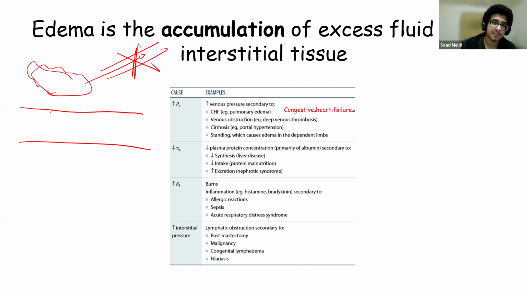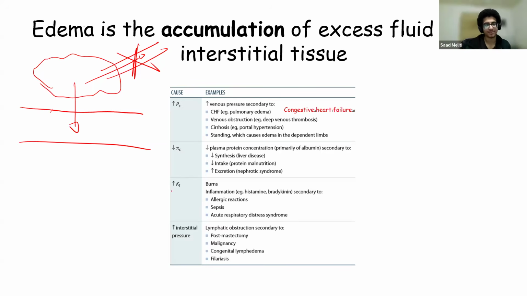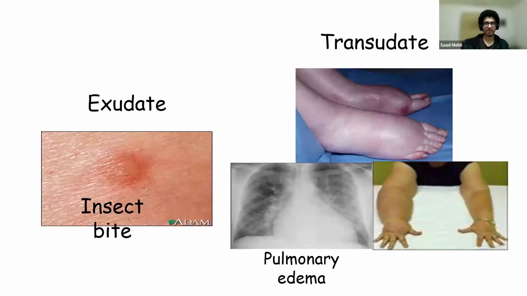So when we have lymphatic obstruction, we're going to have a huge accumulation of fluid, and this accumulation actually also pushes back into the blood vessel. That's why it's called increased interstitial pressure. That's all you need to know. So lymphatic obstruction would lead to edema, because you're not clearing up all the fluid that's left the blood vessel. Okay? I hope all that makes sense.